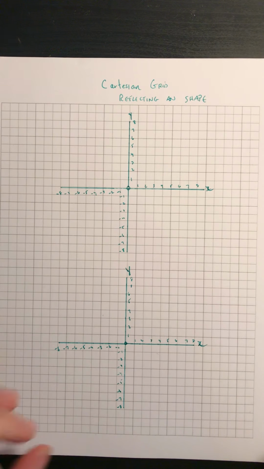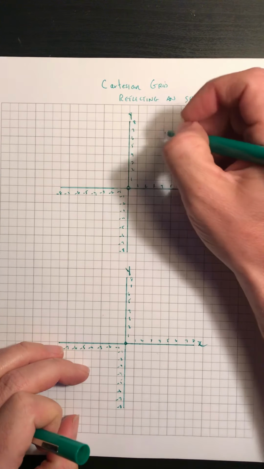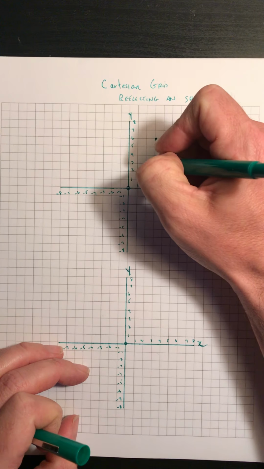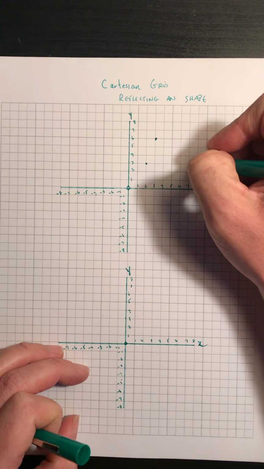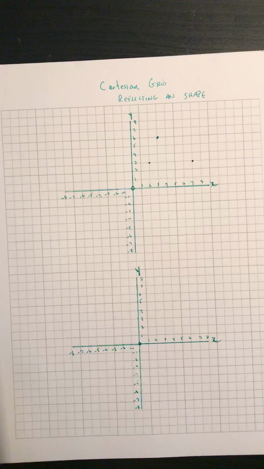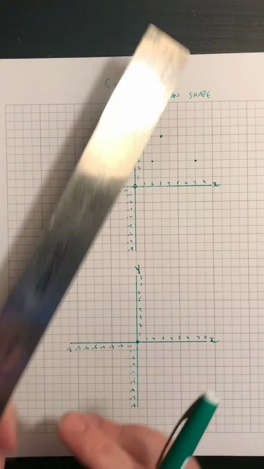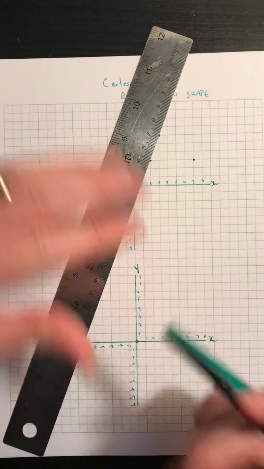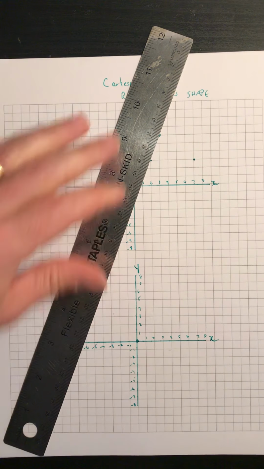So let's put a shape in here. I actually made two examples here. This is an 8x8 grid, just so I could get two different examples.